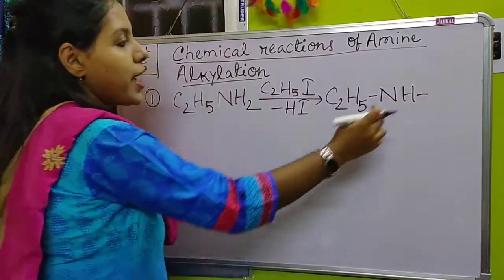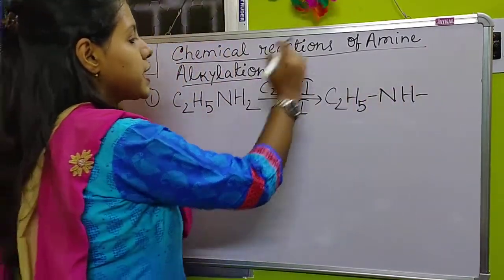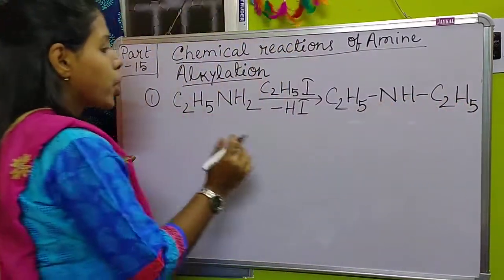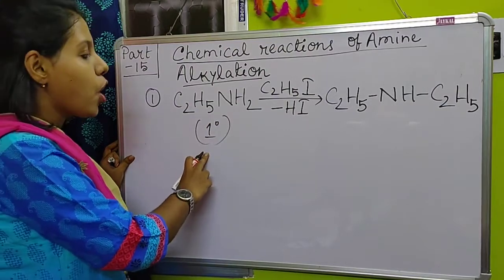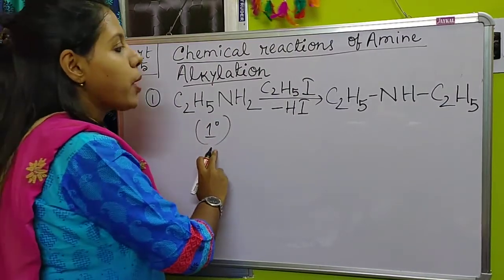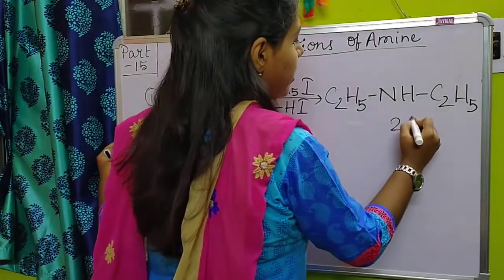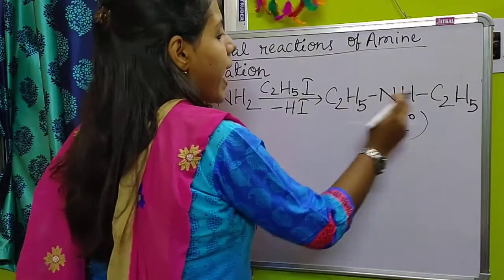In place of one hydrogen, this C2H5 will be added. Initially it was a primary amine or 1 degree amine. From here we are getting a 2 degree or secondary amine, because the nitrogen is attached to two alkyl groups.